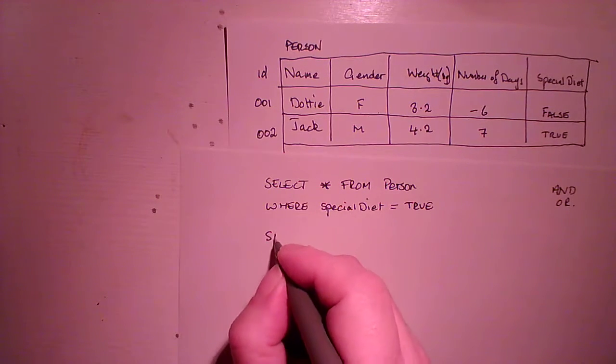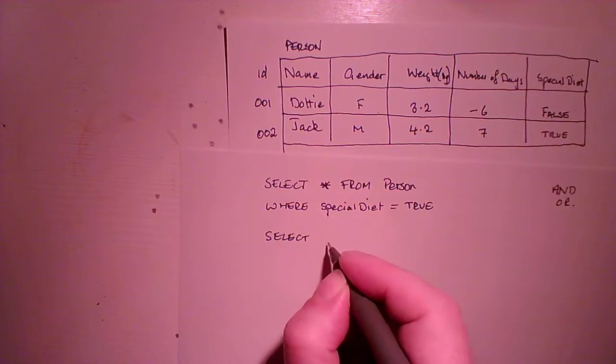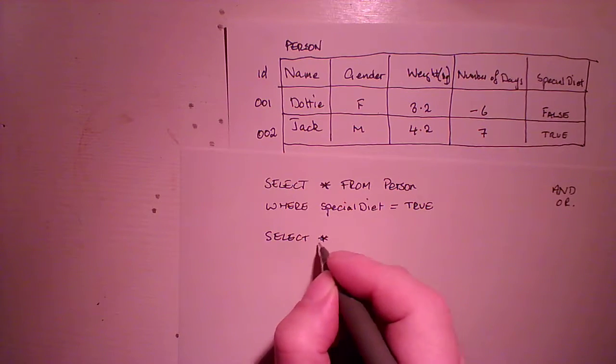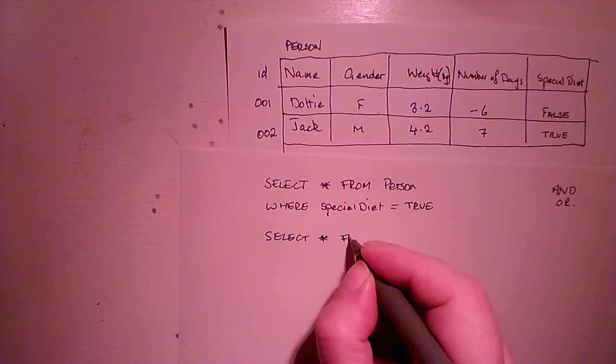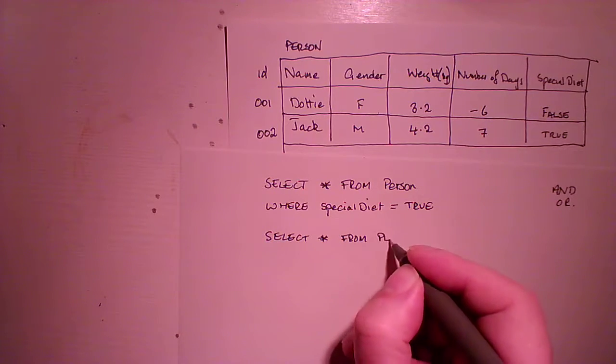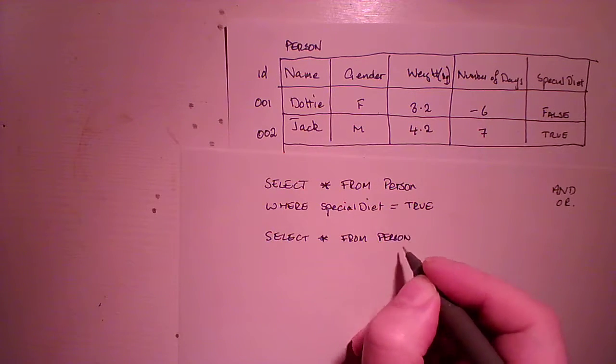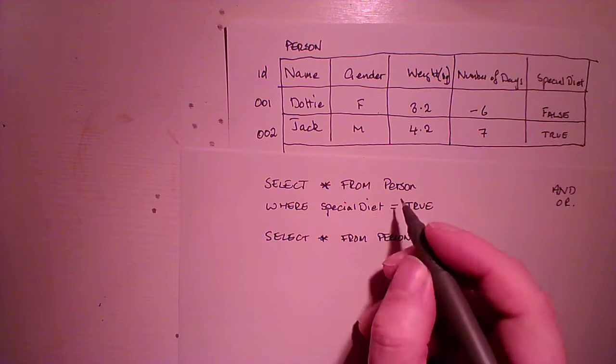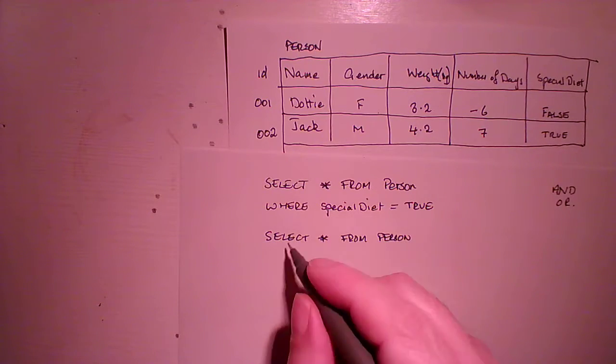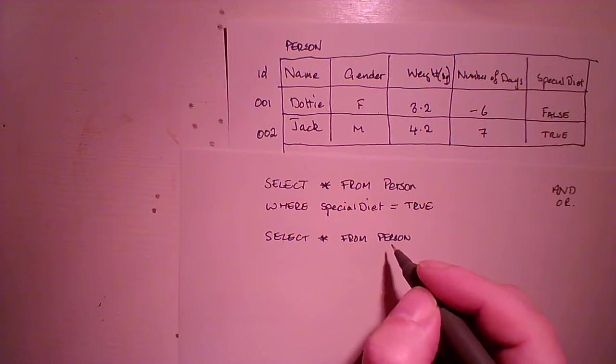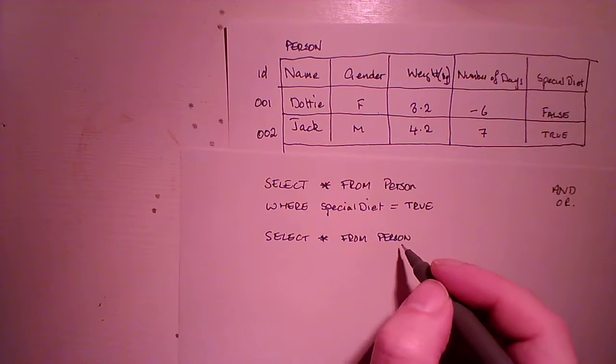But I could do SELECT all, don't forget that's the wildcard, FROM person. Now I'm capitalizing it or not capitalizing it, it really doesn't matter. Anything can be upper or lowercase, it's not case sensitive at all.